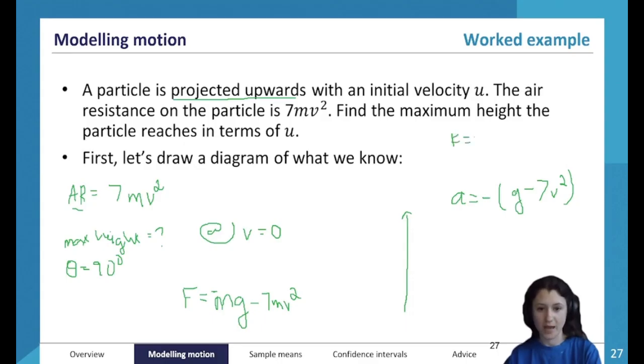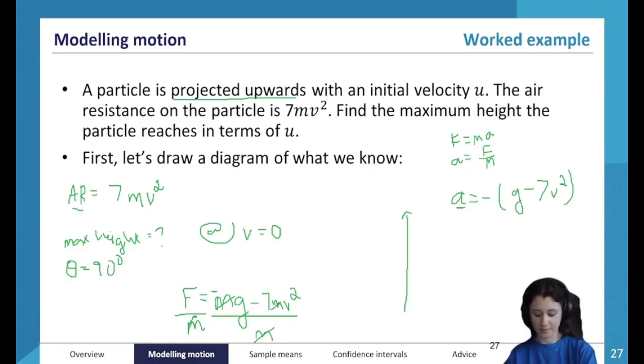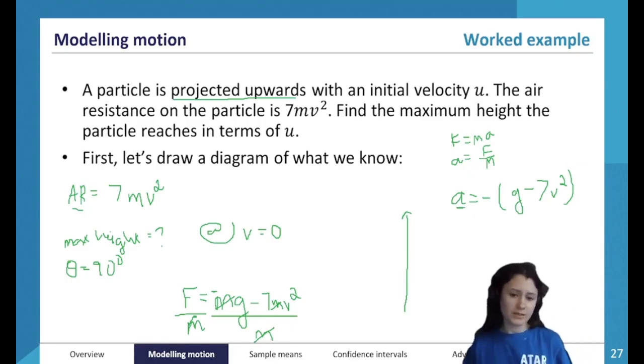F equals ma, so acceleration equals force divided by mass. If we divide this by m, we will get this acceleration formula here. Alright, let's move on.